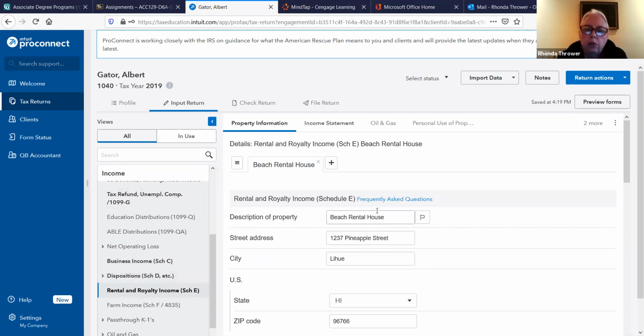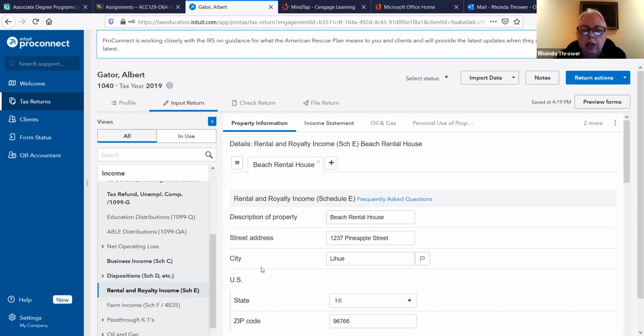And then what's going to come up is the type of rental property that it's going to be. In this case, we just read that it was going to be a beach house that they're renting, and so I just typed that in this first blank here. Also, they want a description of the property, which is beach rental house.